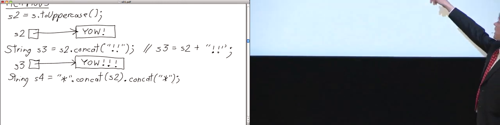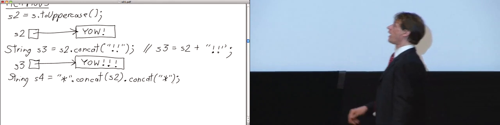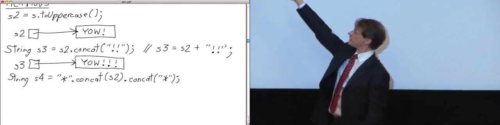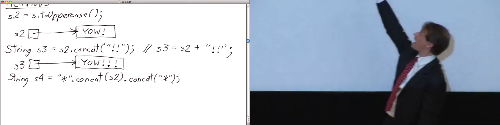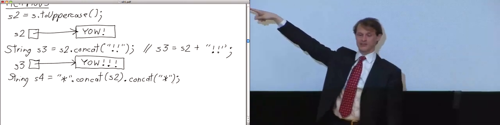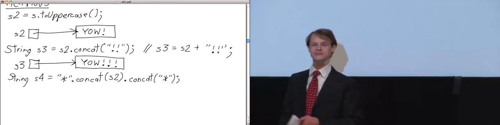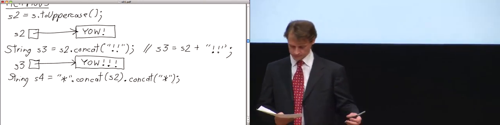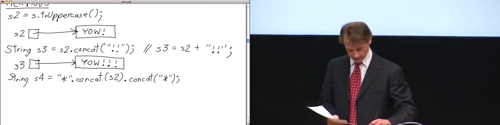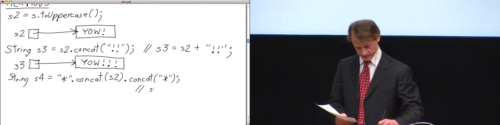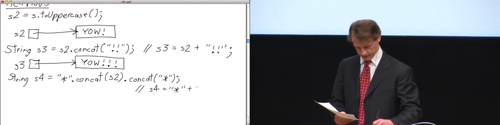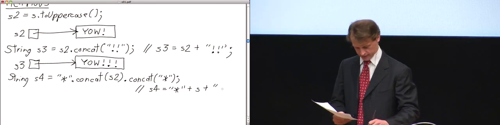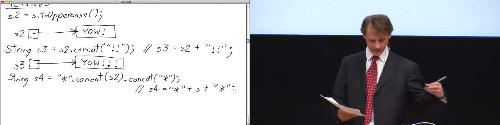So you'll notice I'm chaining method calls together here. I call concat on that string over there, and then I call concat here on the string I just made with concat. And again, another way that you can write this as shorthand in Java is like that.